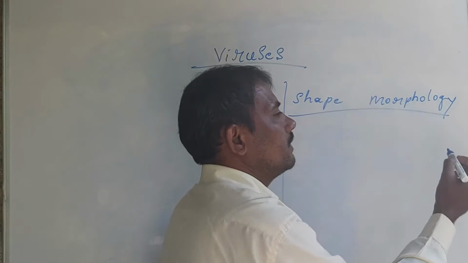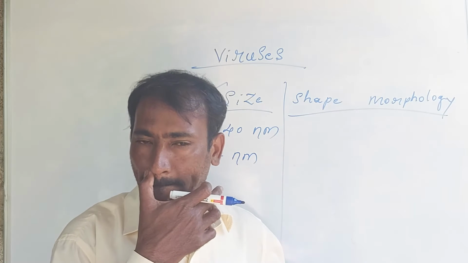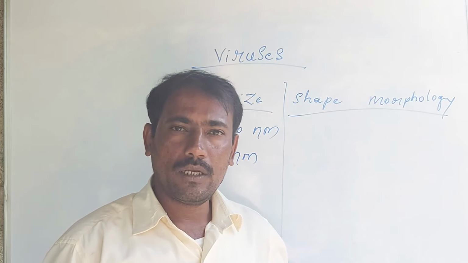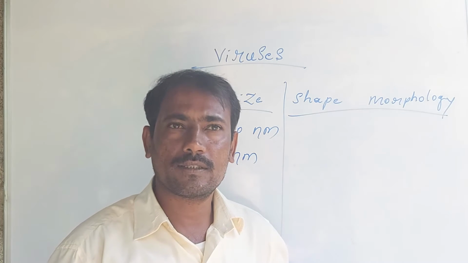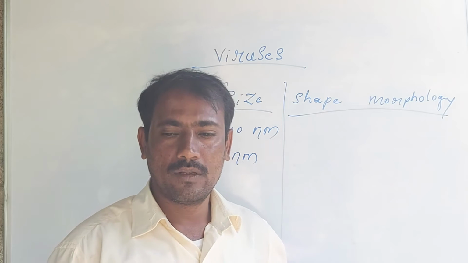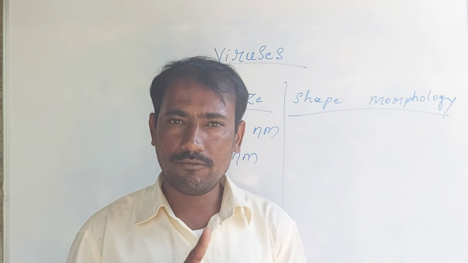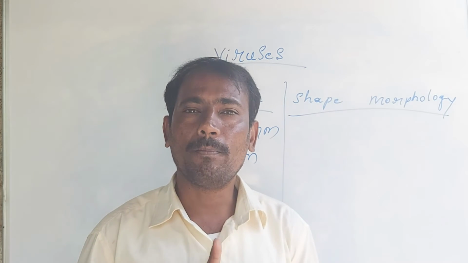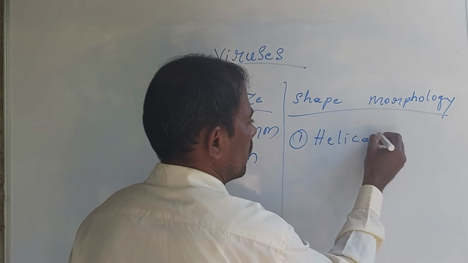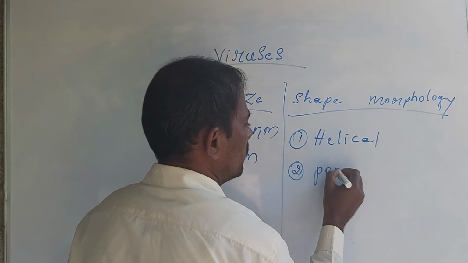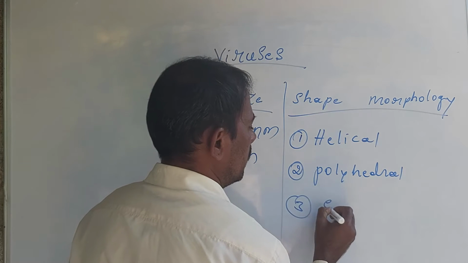As far as the shape and morphology of the various viruses are concerned, morphologically there are four distinct groups of viruses identified: helical viruses, polyhedral viruses, enveloped viruses, and complex viruses.